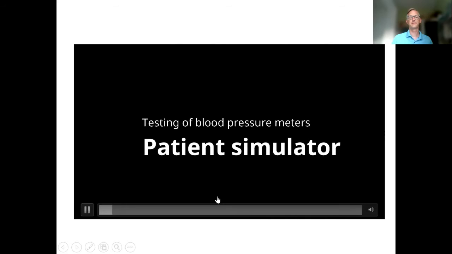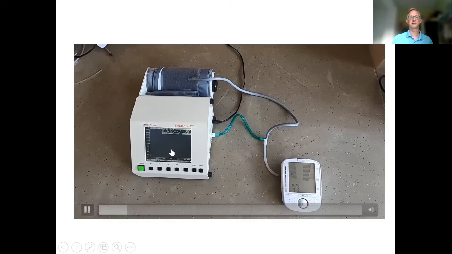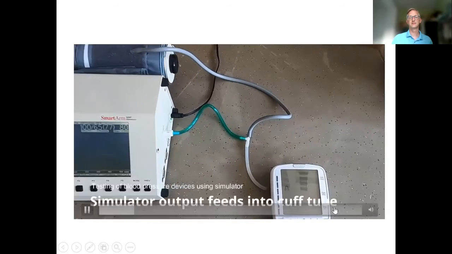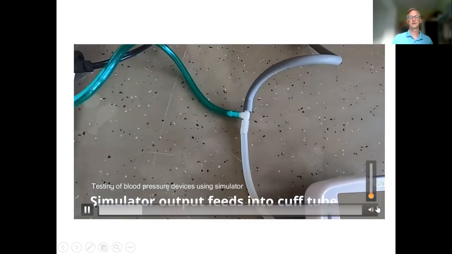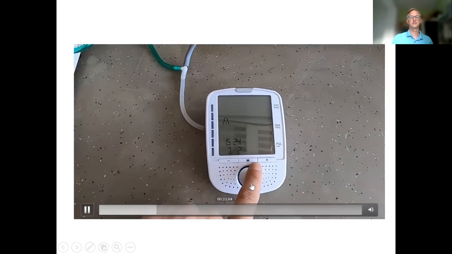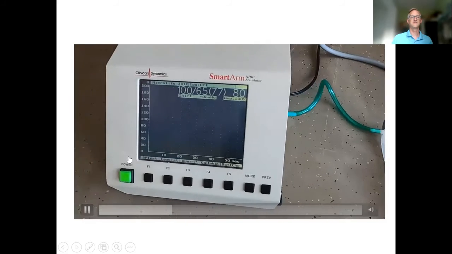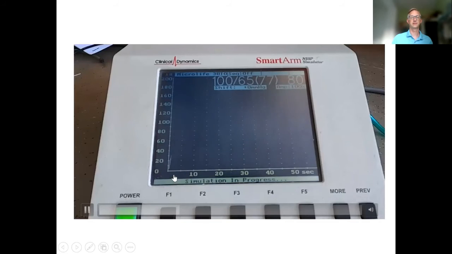I have a short video here showing how testing using a patient simulator works. So this is the patient simulator. This is the device. When we start the device, its own pump starts inflating the pressure. The pressure goes up.